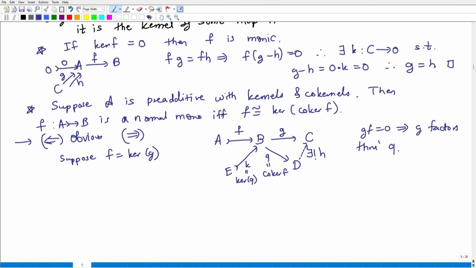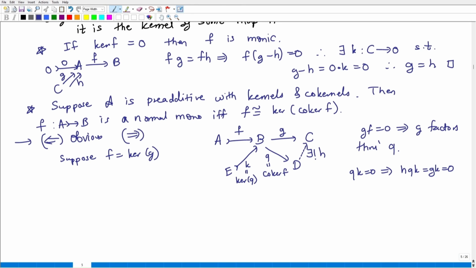Now similarly we should talk about this. QK is equal to 0, because K is the kernel of Q. Therefore, GK equals HQK, which is also equal to 0.